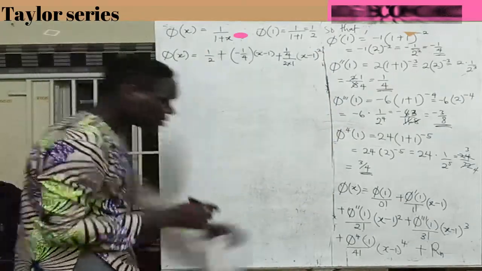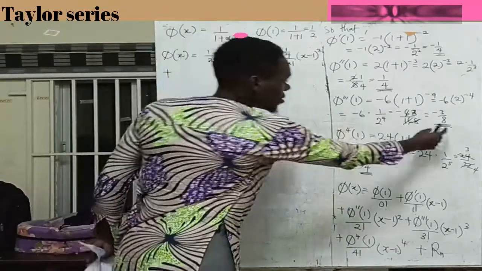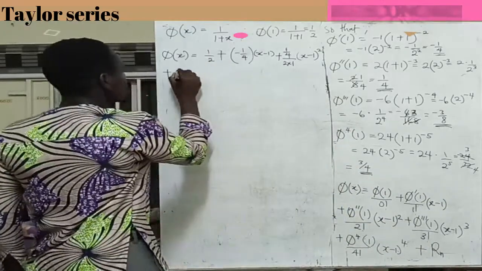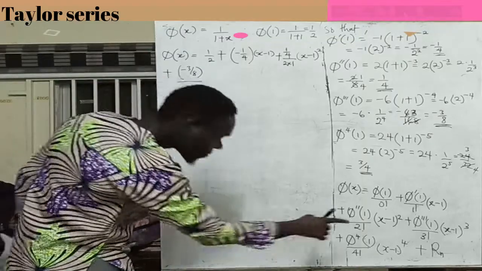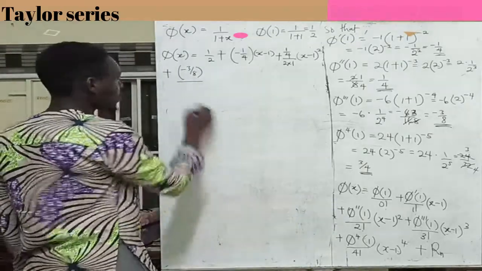Then the third term there is from here, the result is this. So substituting it here, we have minus 3 over 8 all over, expressing the polynomial, the 3 factorial.